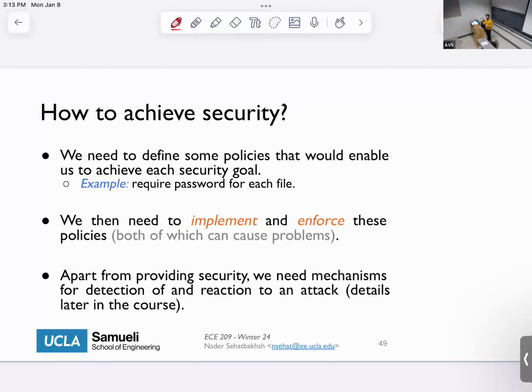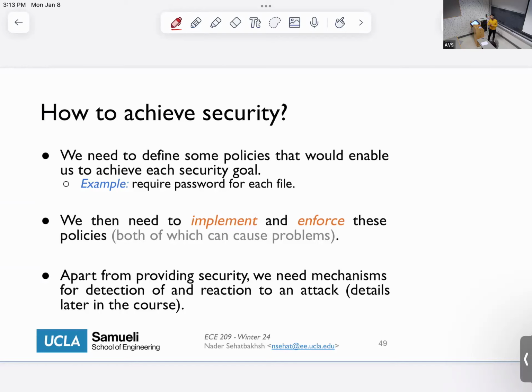And 99% of the problem in security, interestingly, is actually because of that implementation. It has nothing to do with the policy. The policy actually works great. It's perfectly fine. The reason that our system is not secure is because we're not properly implementing it, okay?